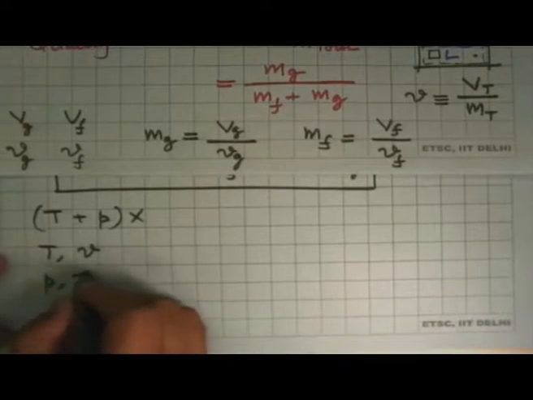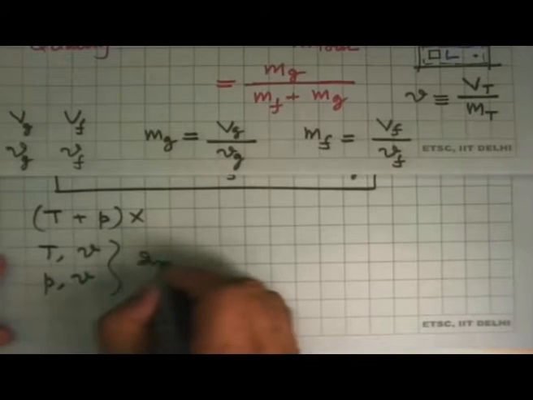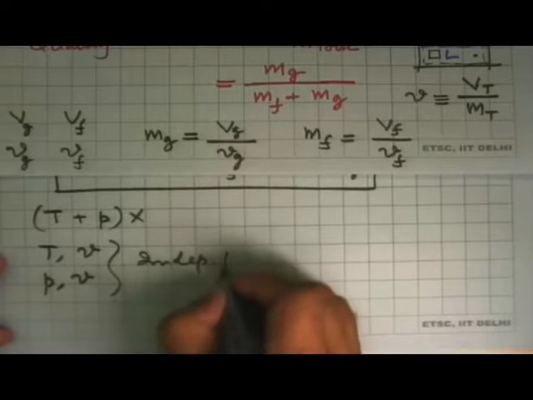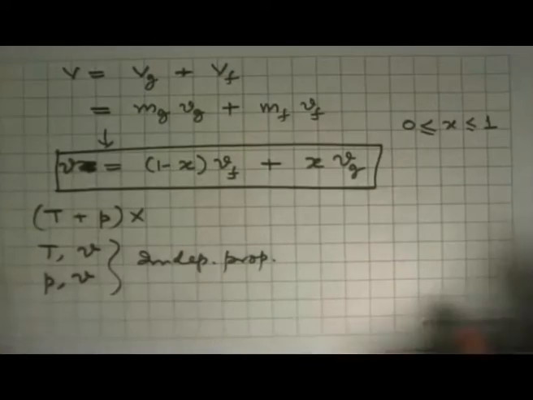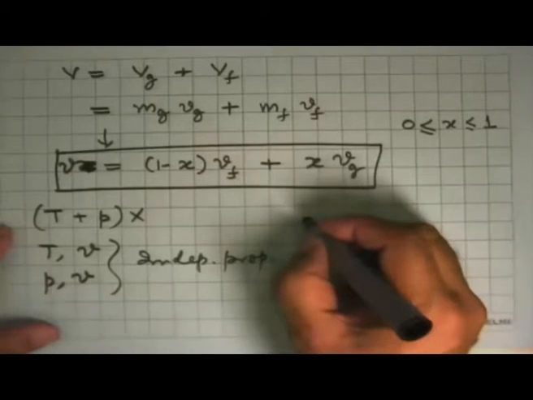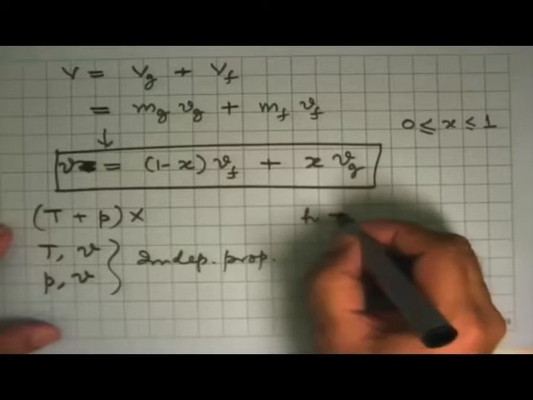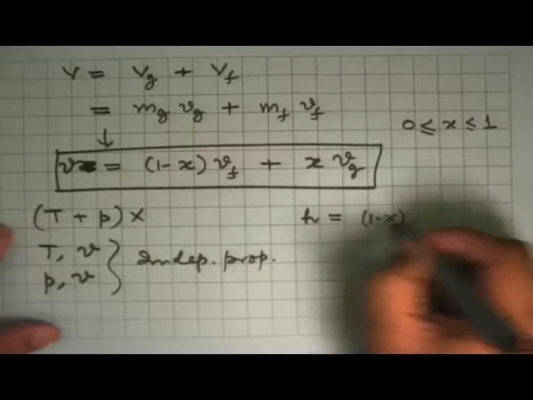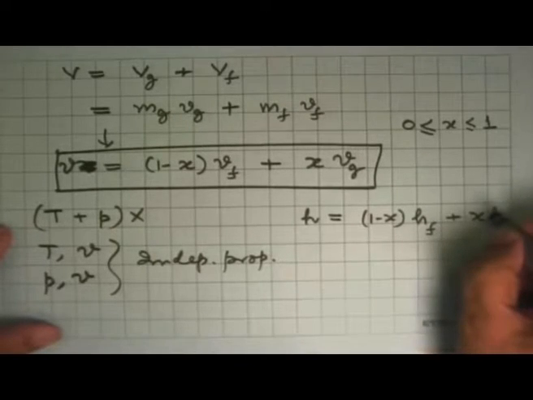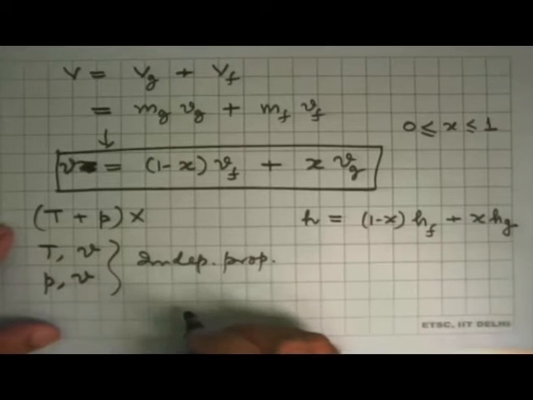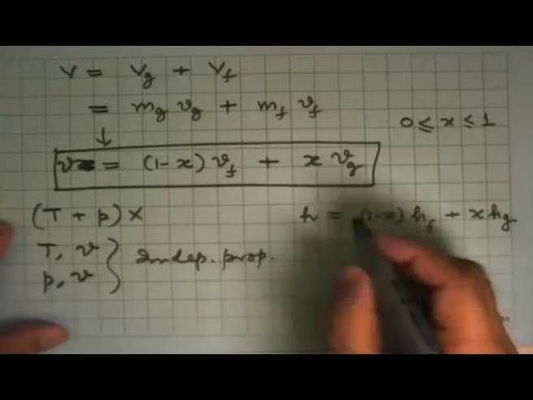Similarly, P and v are independent properties. One can make a similar argument, and we can show that h of the mixture is (1 minus X) times hf plus X hg. The specific enthalpy can be calculated that way.